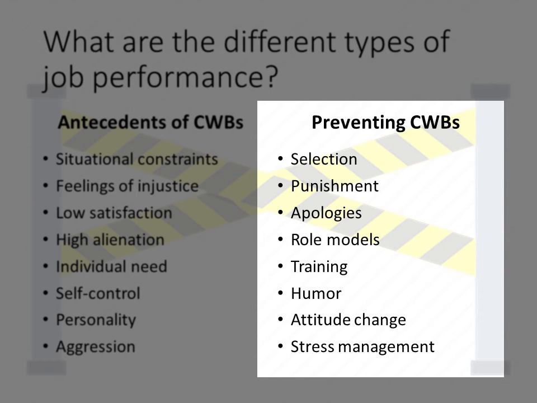Punishing these behaviors, requiring employees to apologize when they exhibit CWBs, making sure that leaders, supervisors, and other decision makers follow the norms, policies, and procedures of the organization, using humor to change people's attitudes about the acceptability of these behaviors, and finally, helping people manage their stress. CWBs tend to be more common in organizations where things are not going well.